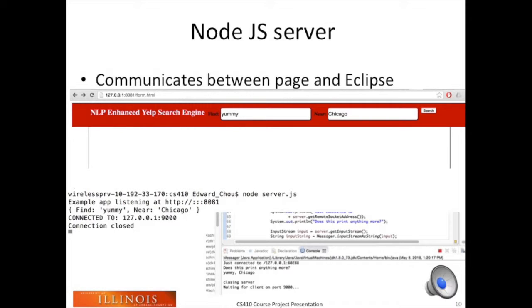You can see here in the console that I type in yummy and Chicago, and these two results show up in the Node.js console. And it connects to address 9000 through TCP, which the Eclipse application is listening on, and Yummy and Chicago will show up in the Eclipse console.